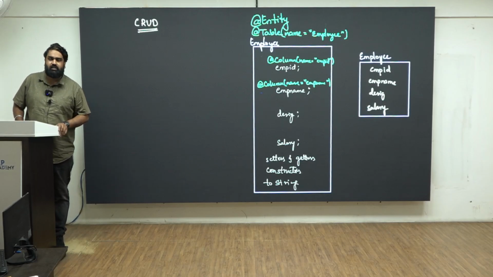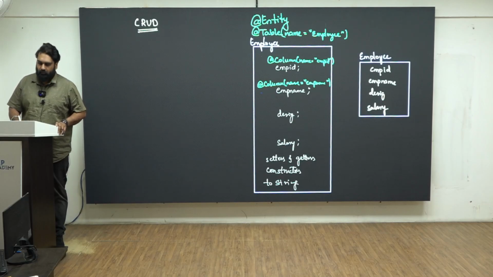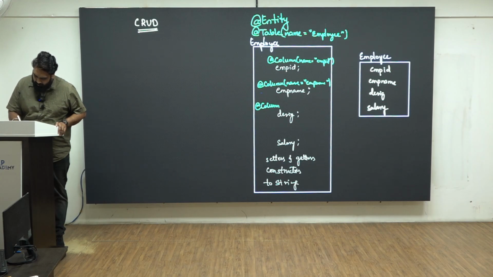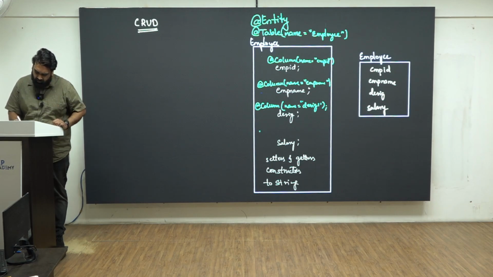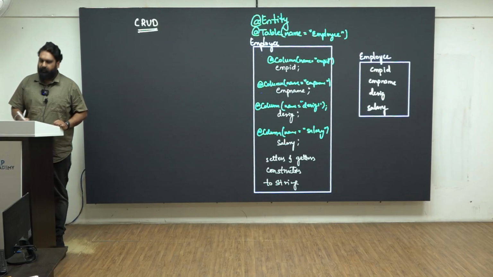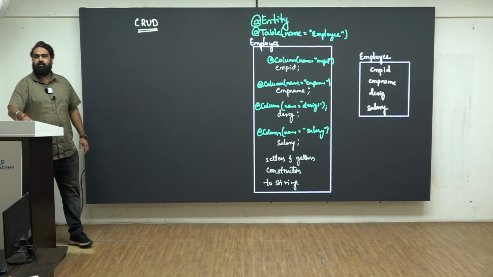Similarly, designation, where is it mapped to? Column called designation, sir. So column name is equal to designation. Similarly, salary mapped to column name is equal to salary. I hope you are able to understand this.